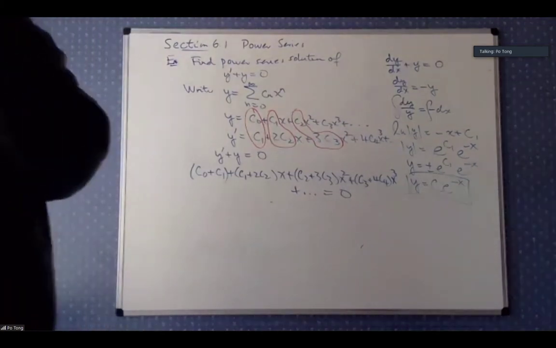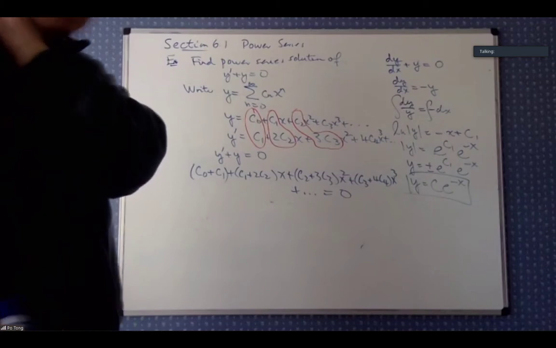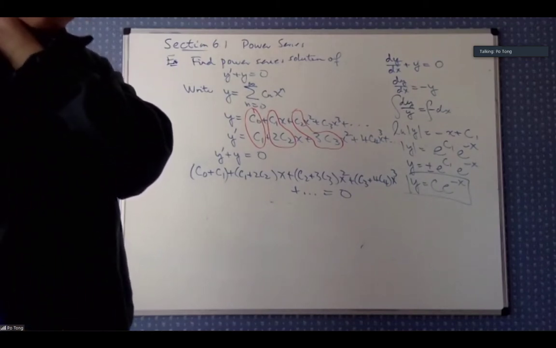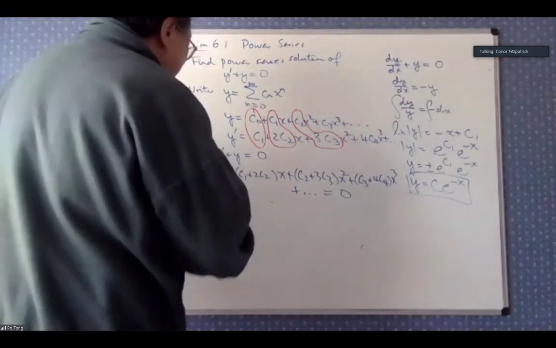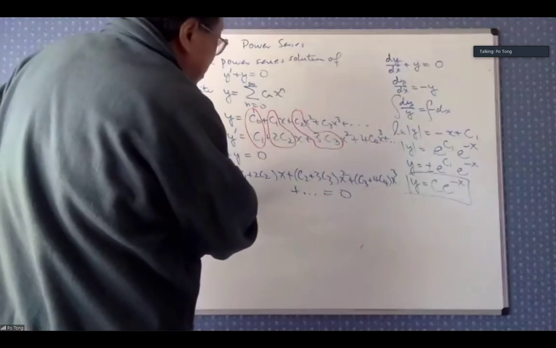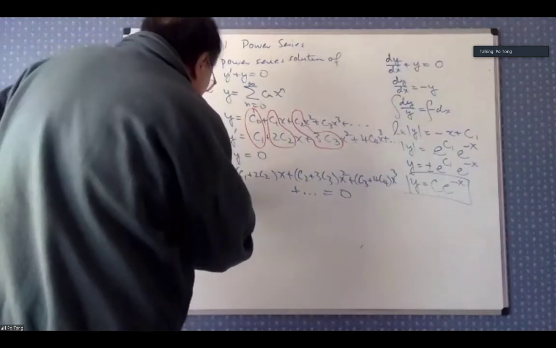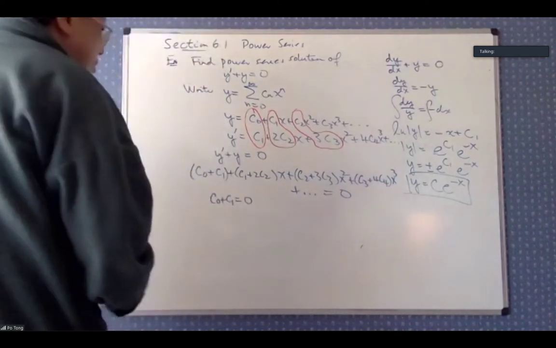You guys follow up till here? Yes? Okay. Yeah, that's good. Okay. So now you have this polynomial equal to 0. So all the coefficients are going to be equal to 0. Okay.